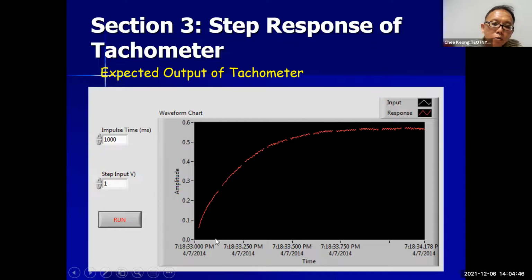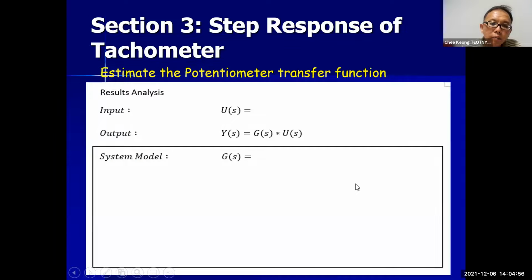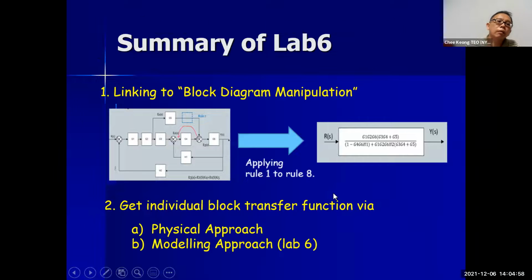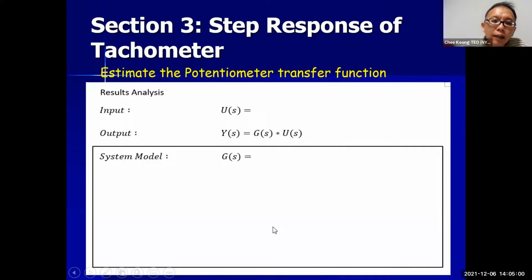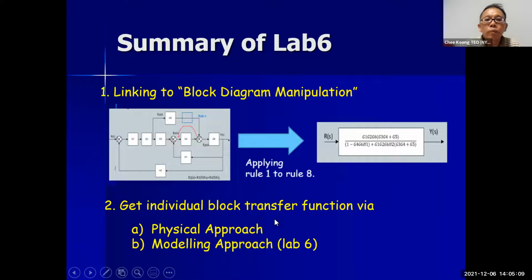What is the time taken to hit the tau? And then if you know both of these, then you can write down the whole transfer function as K over tau S plus 1, right? So with that, that is the second method of how you can model a particular function, right?